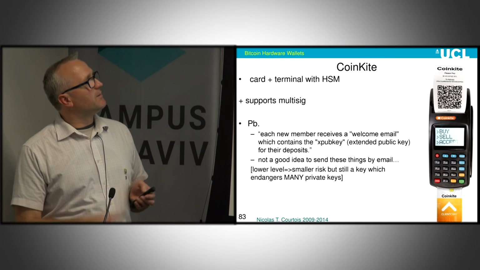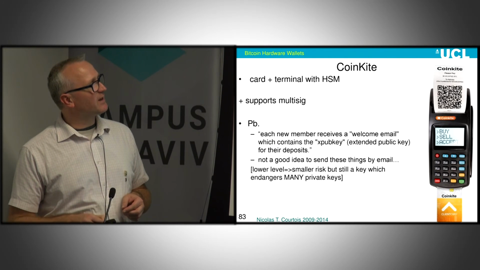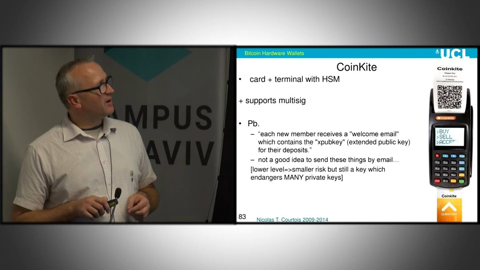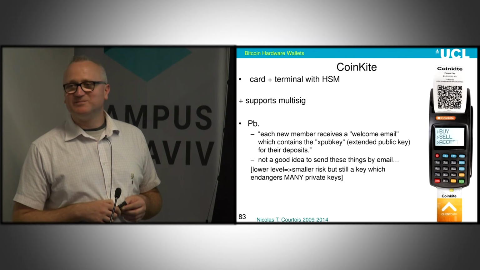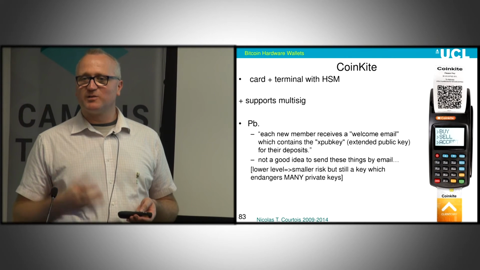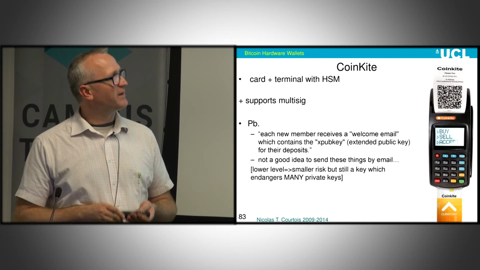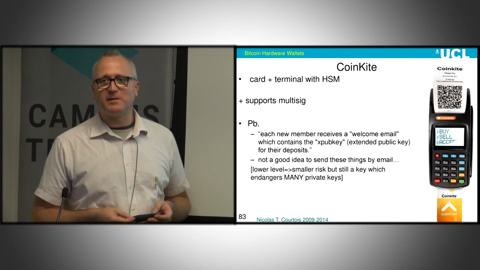Another system which uses HD wallets is Kite, and I found it quite hilarious, because they also have this extended public key, the XPub key, and they send it by email. So this is pretty dangerous. It depends at what level you send it. Maybe it's not so dangerous at the low level, just for one terminal or one card, but it's potentially problematic.